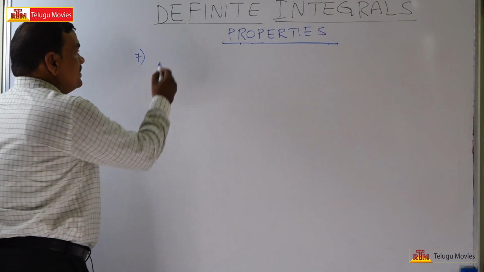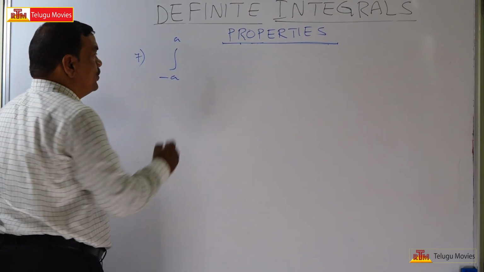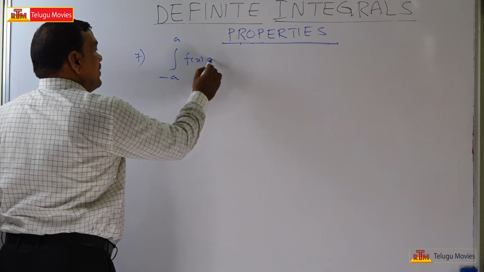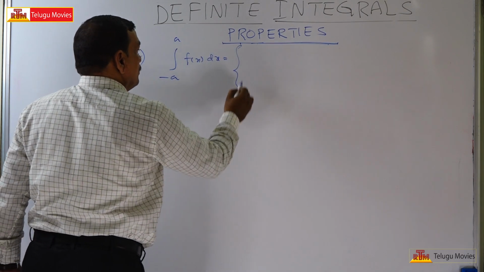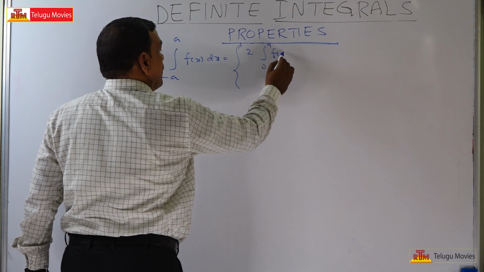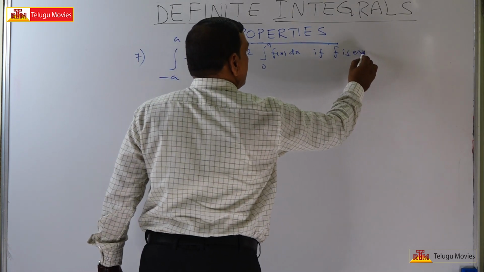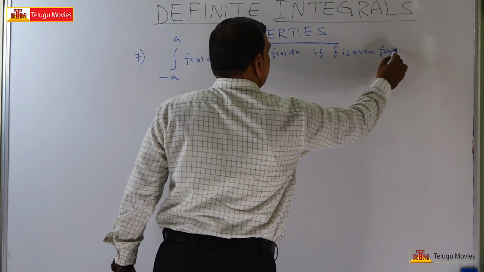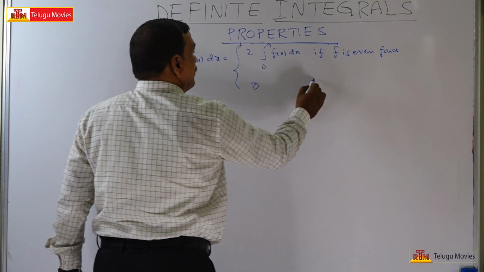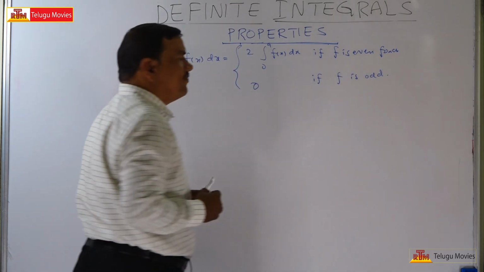The property is: integral from minus a to a of f(x) dx is equal to 2 times the integral from 0 to a of f(x) dx if f is an even function, and simply 0 if f is an odd function. This is a well known thing.